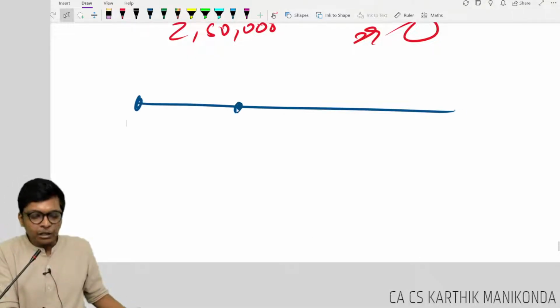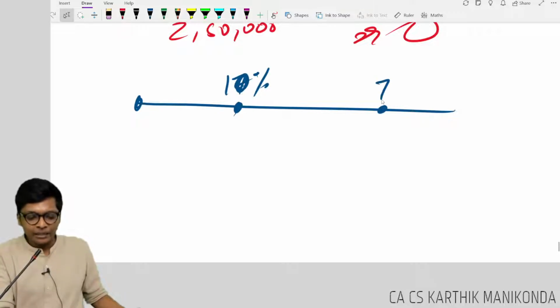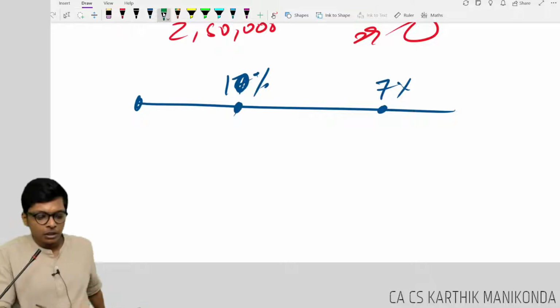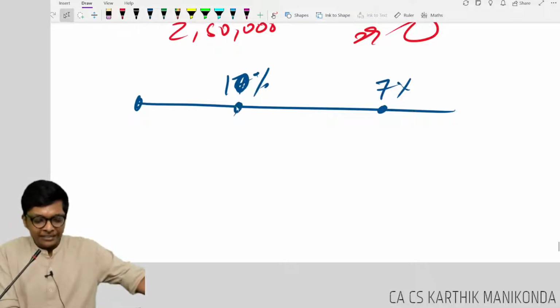Okay. Let's say on this day, I acquired 10% of a company, and on this day I acquired, let's say, 7% of the company. I purchased 10% of the company by paying 2 lakhs.